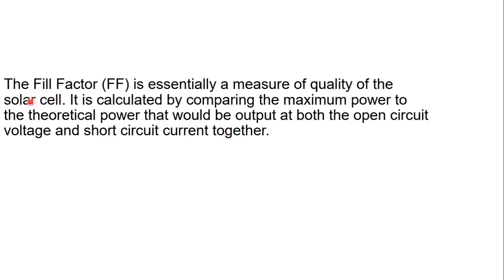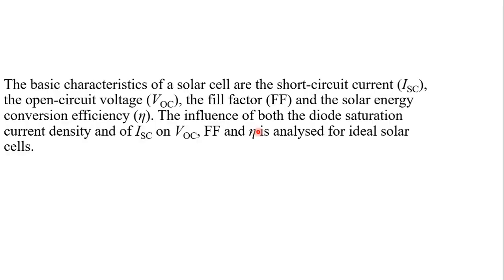The fill factor is essentially a measure of the quality of the solar cell. It is calculated by comparing the maximum power to the theoretical power that would be output at both the open circuit voltage and short circuit current together.